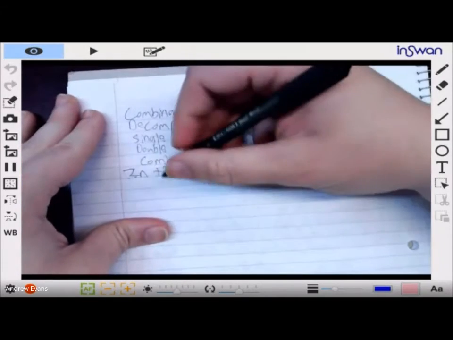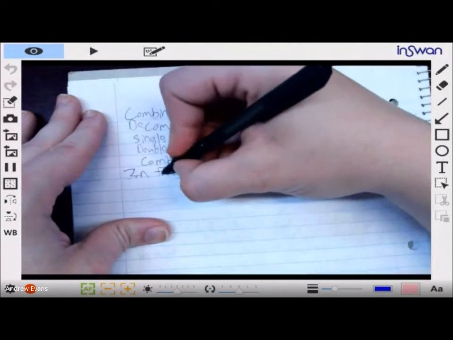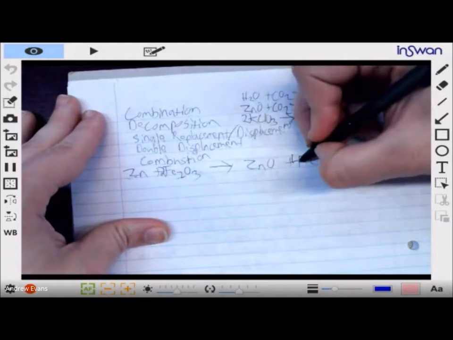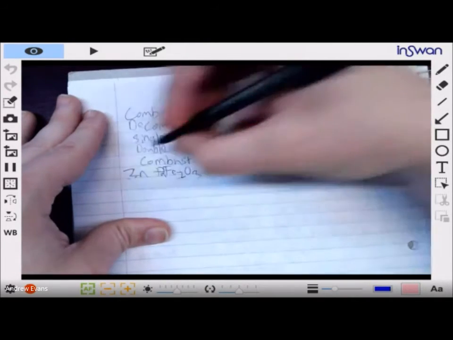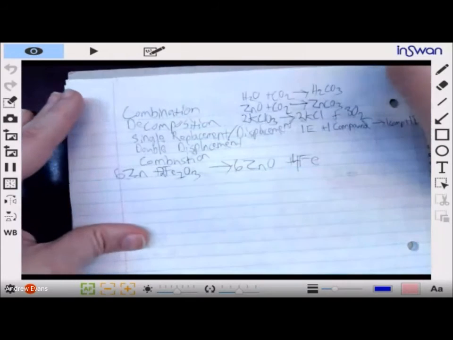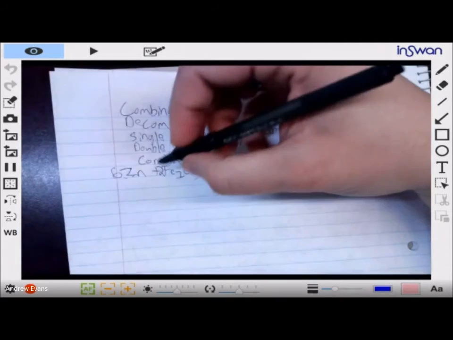So I'd kind of have to balance that. Let's see. 2, 4, 6, 6, 6. Okay, something like that. No, I think I can simplify that.